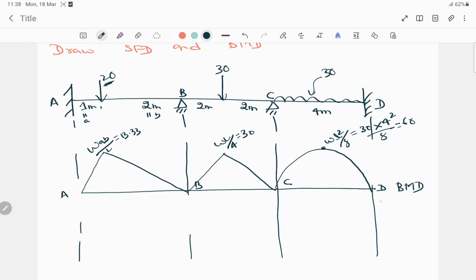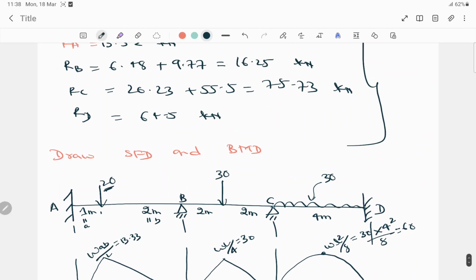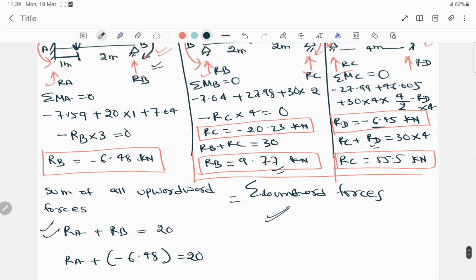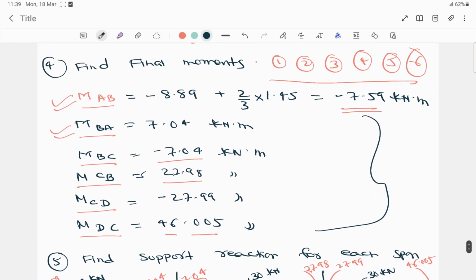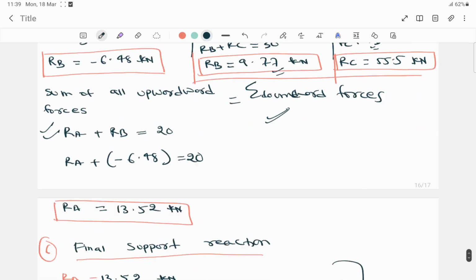Now again we have to draw the net bending moment diagram. So net bending moment diagram we have to draw by using these values. In my previous video also I have explained this diagram, so you can go and check it out. So I'll directly draw by taking these values here.